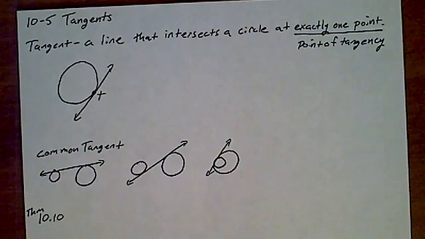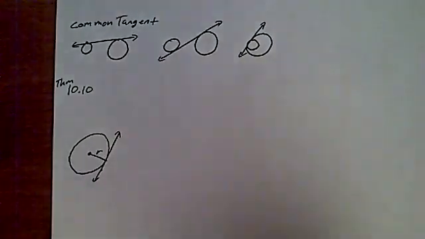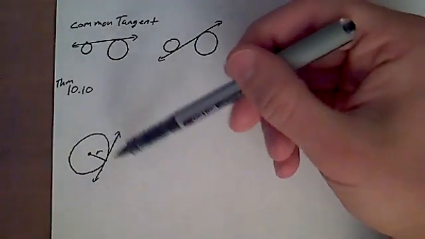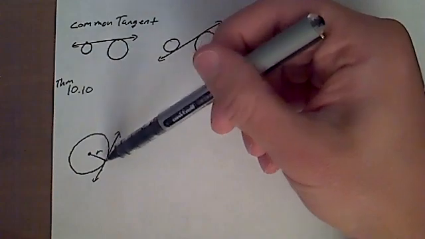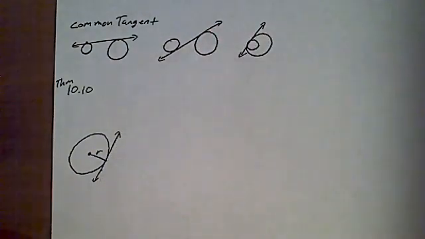So we have our circle, the radius, and a tangent line.